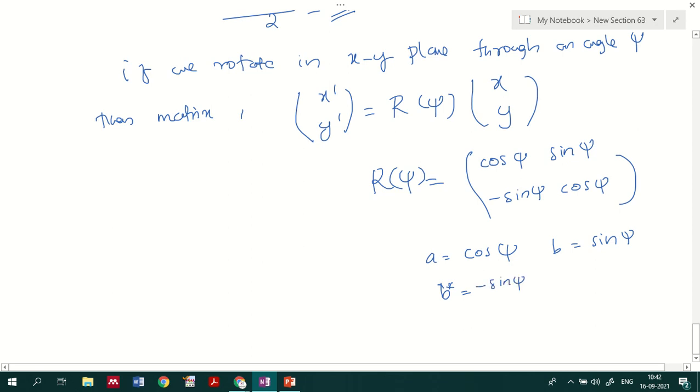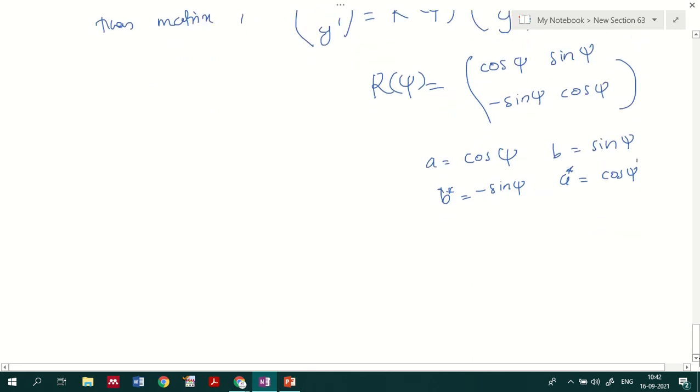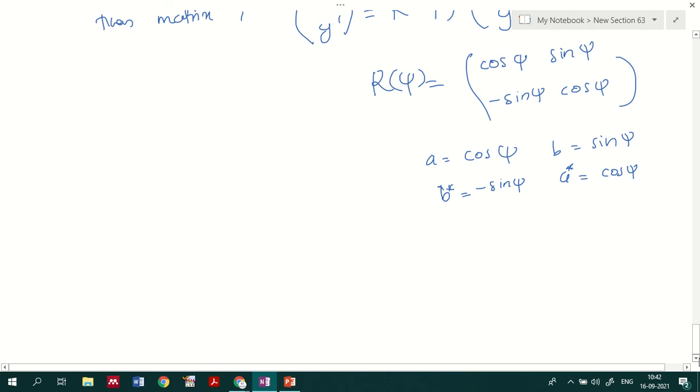And the complex conjugate of cos phi, A star, is cos phi itself. This way you can represent R of phi as the matrix A, B, minus B star, A star. I'll come to that discussion later on. You can see that in this case we have only one parameter, phi, which is rotating, when you consider SO(2).